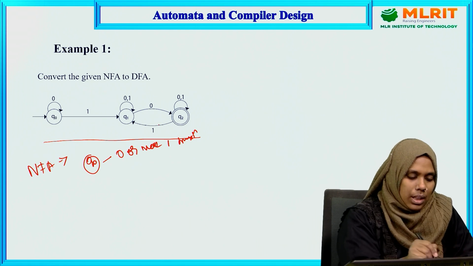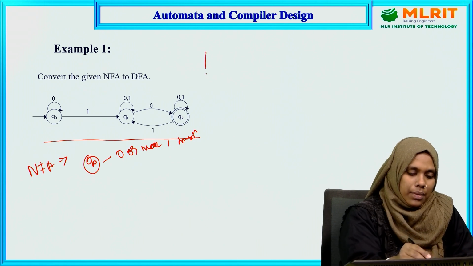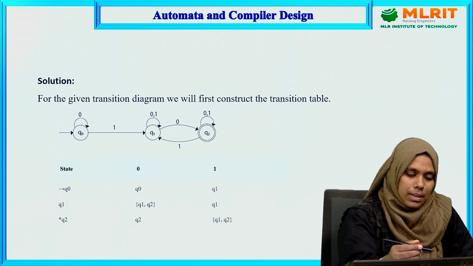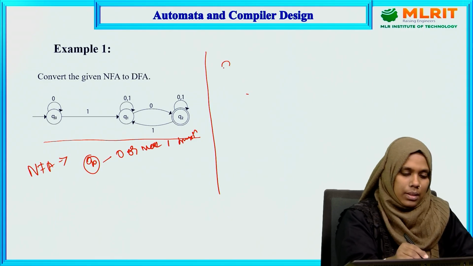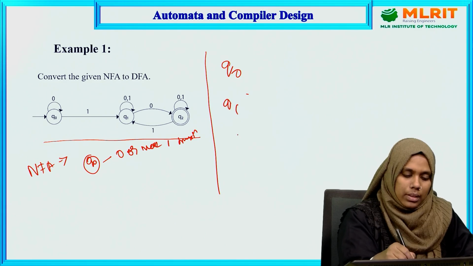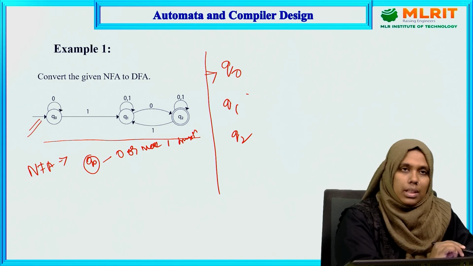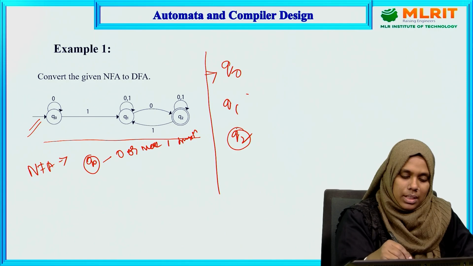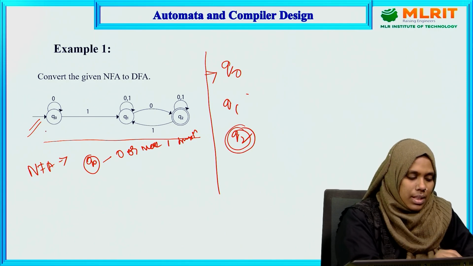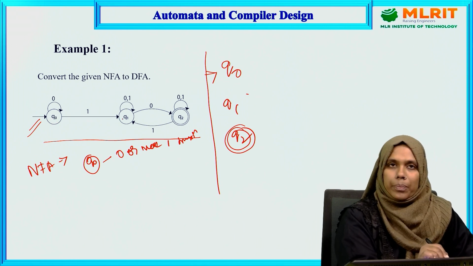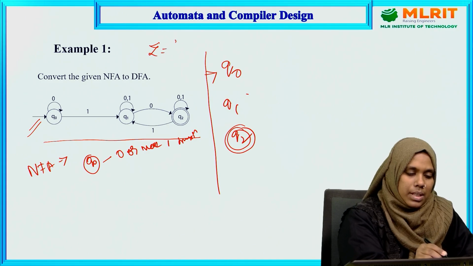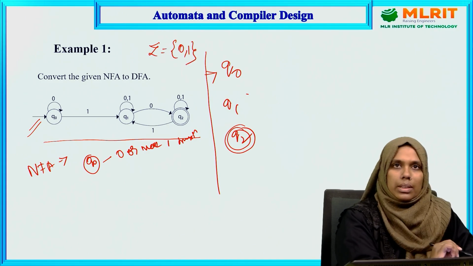Now here, how many states do we have? We have 3 states: Q naught, Q1 and Q2. Q naught is the initial state, because the initial state is represented with an arrow, and Q2 is the final state. In the transition diagram, Q0 has a transition on input 0 as well as on 1, so the input symbols are 0 and 1.